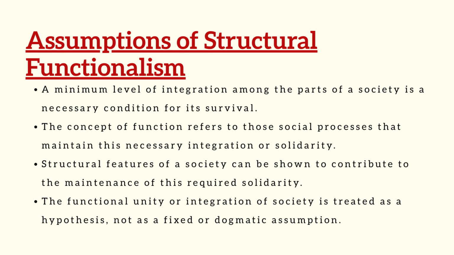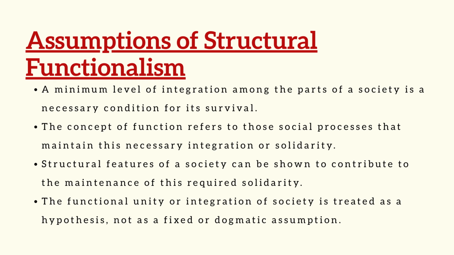To understand structural functionalism, it is essential to first grasp the basic assumptions on which this perspective is built. These assumptions explain how society survives, maintains order, and remains stable over time. Structural functionalism begins with the assumption that no society can exist without a minimum level of integration among its parts.